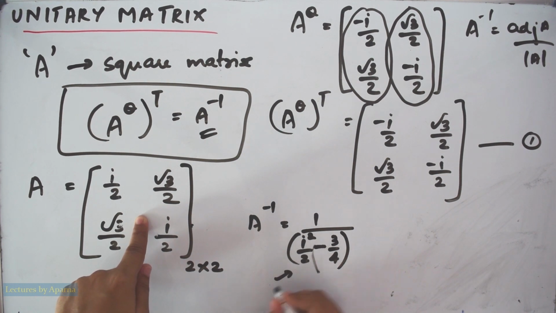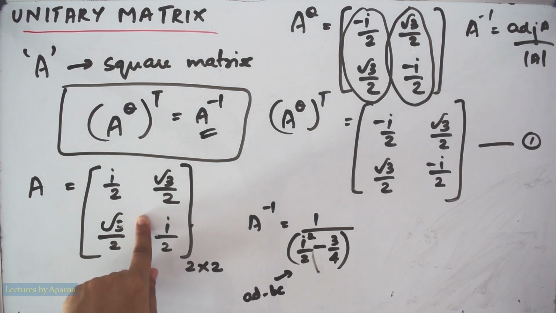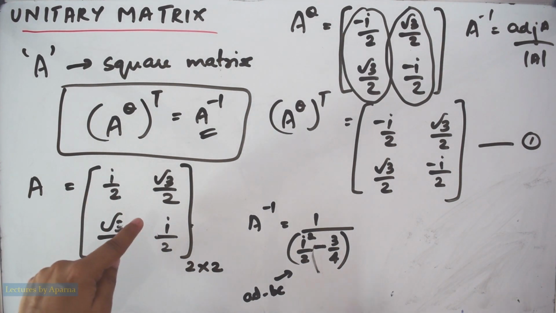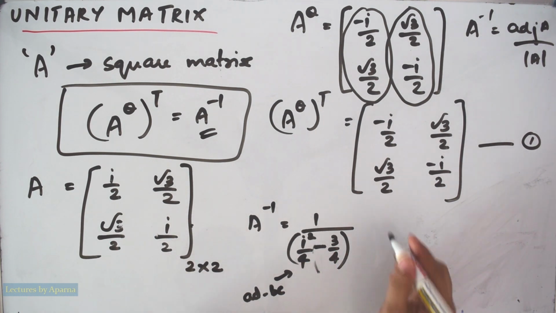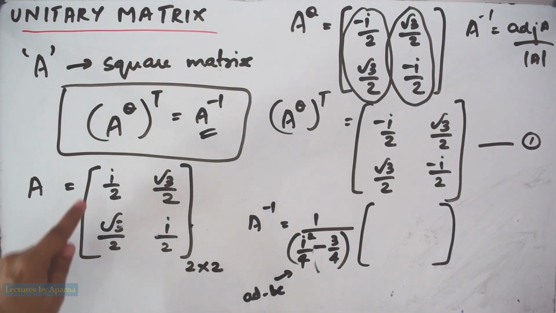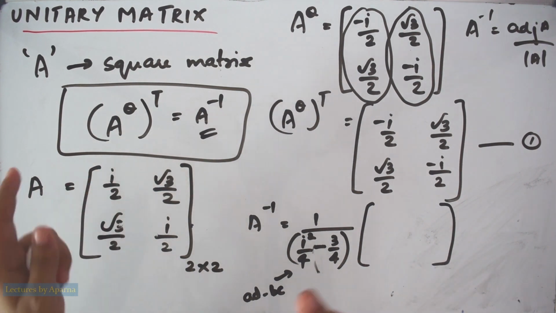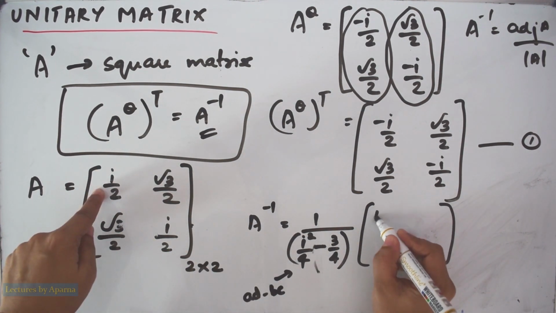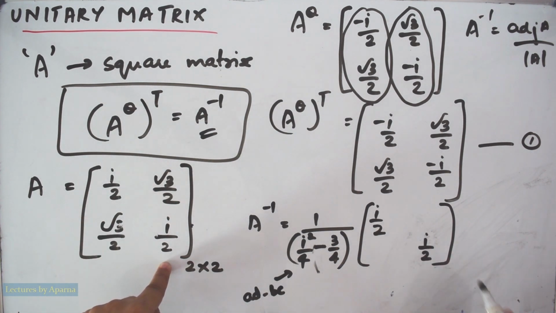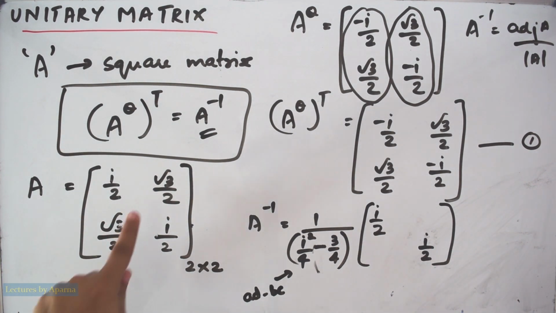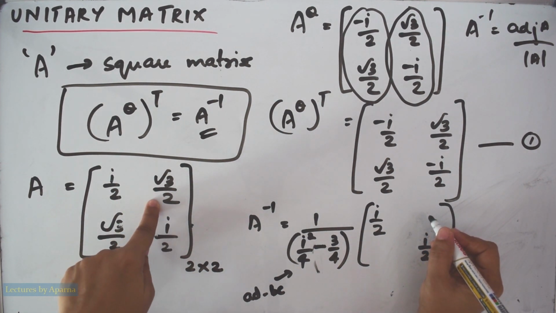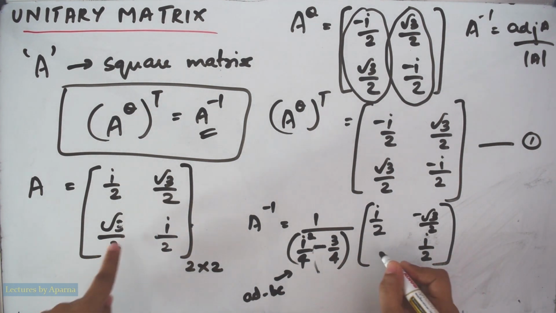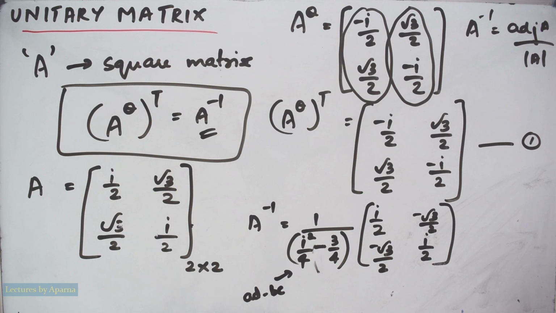So this term ad minus bc is i square by 4 minus 3 by 4, into the matrix. You have to interchange these two elements. So this i by 2 will come here, this i by 2 will come here. It will not make much difference in this case. And you have to change the sign of b and c. So this is the element b, so it will be minus root 3 by 2. This will be minus root 3 by 2. So this is an easy method to find the inverse of a 2 by 2 matrix.